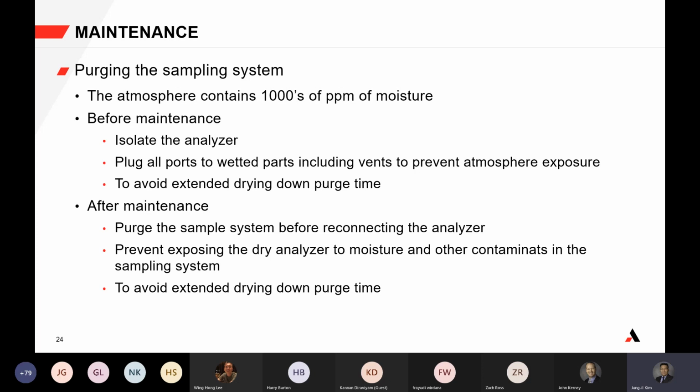But if your analyzer requires a zero gas that is much drier, then it would not be that you would be using the wrong gas. You need extra drying. I hope that answers your question.